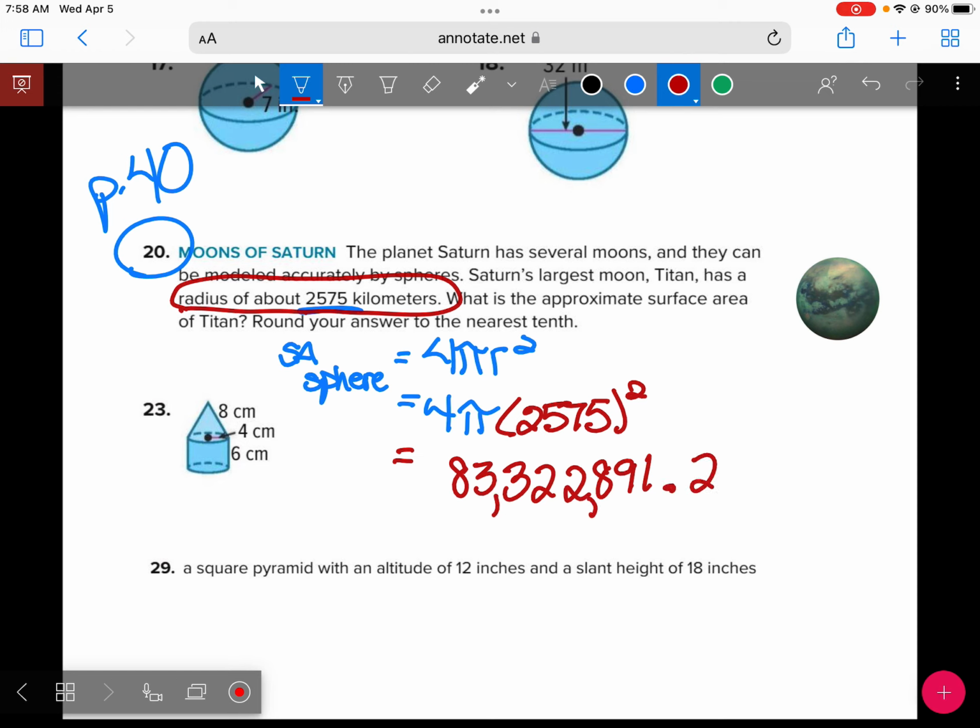So we're talking 83,322,891.2 kilometers squared. There it is.